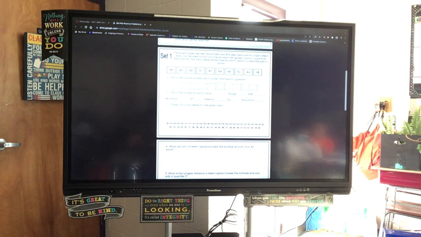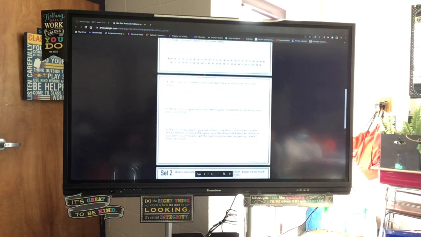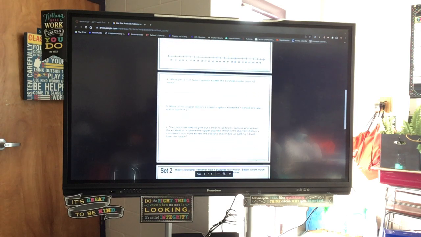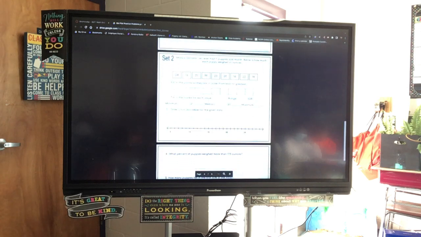If you know how to find IQR, you are good to go. You can keep right on moving. It has already done the number line for you, so you're just gonna recopy that onto your notebook page, and then you're going to answer these 6 problems that go with it. Then you have another one. So technically there's only 2 problems, but they have 6 questions per problem. Okay?